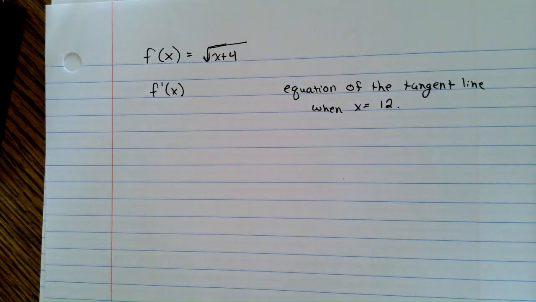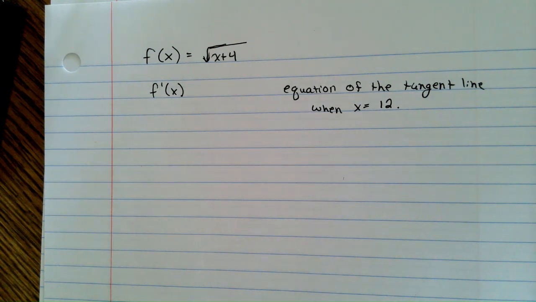So not only are we going to find the derivative, we're going to come back after we found the derivative, and we're going to get the equation of the tangent line. Okay, so how exactly did I do some of the stuff in my calculator earlier, right? And my window.